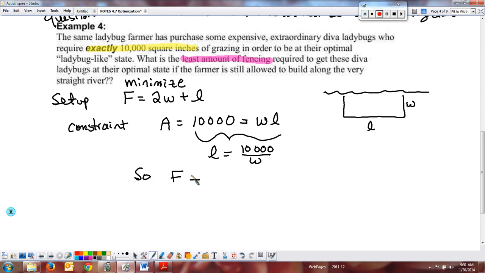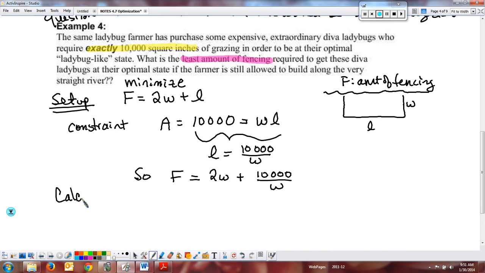So your fencing formula becomes 2W plus 10,000 over W. Now at this point I realize I don't have F defined anywhere here, so I'm going to come up here and say F is the amount of fencing, just so that I get my credit, so they know what I'm talking about. Alright, so now we're ready to do our calculus. So I find my relevant domain.